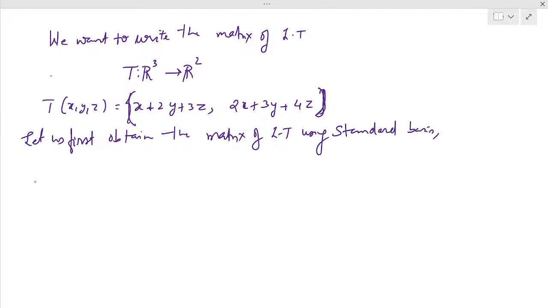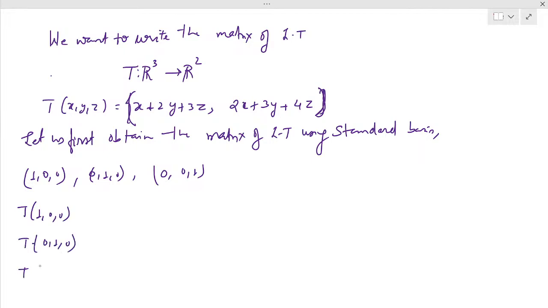Now you see, the standard basis is what? It is (1, 0, 0), (0, 1, 0), and (0, 0, 1). So what would be T of (1, 0, 0)? What would be T of (0, 1, 0)? And what would be T of (0, 0, 1)?